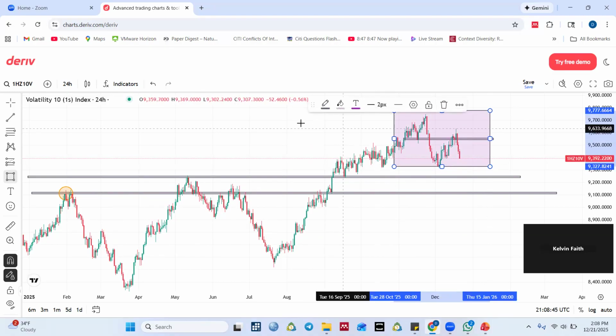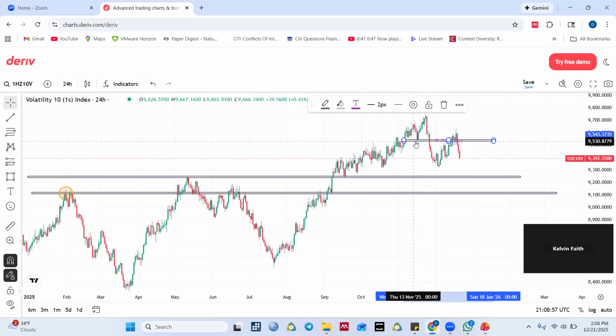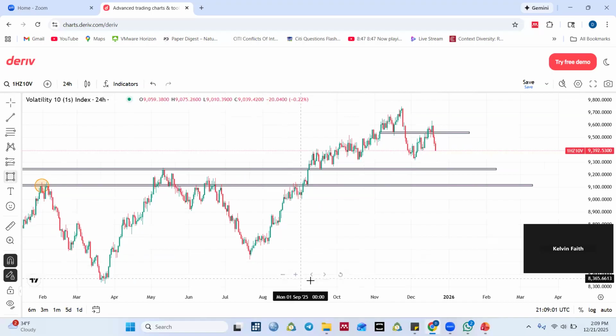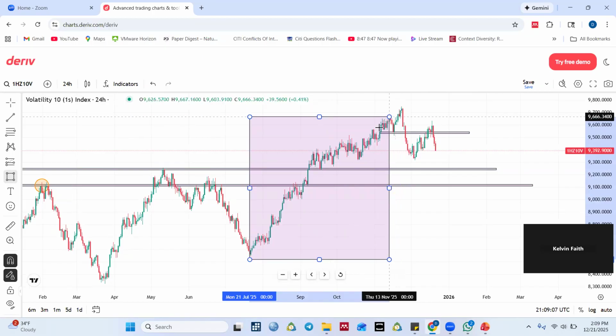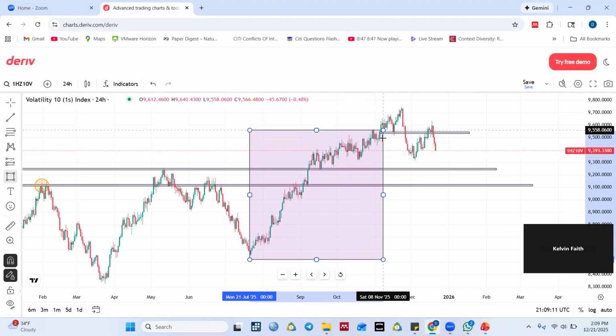Price is now trying to tell us if it wants to reverse or not. And me in particular, I don't really trust this area as an external low. Why? Because the move from down here to the top has been moving on a straight line. We don't have any important retracement yet.